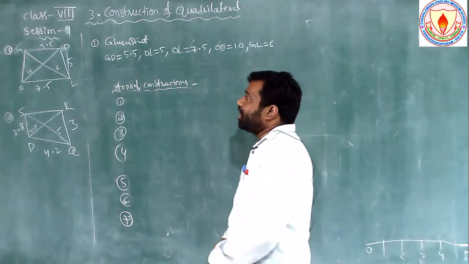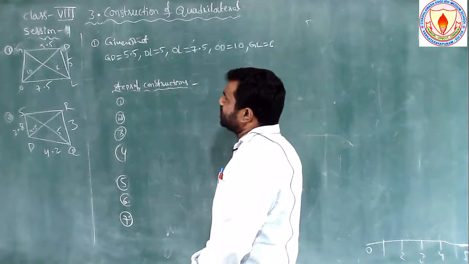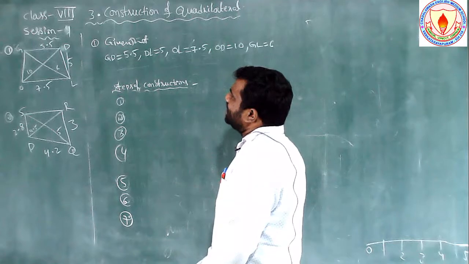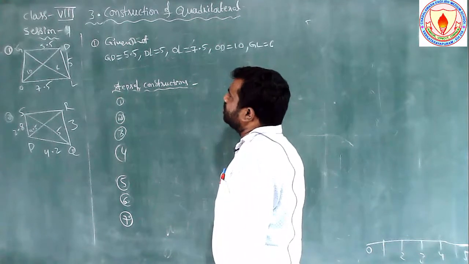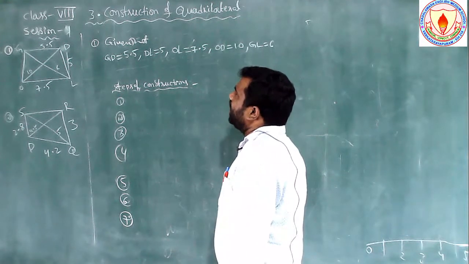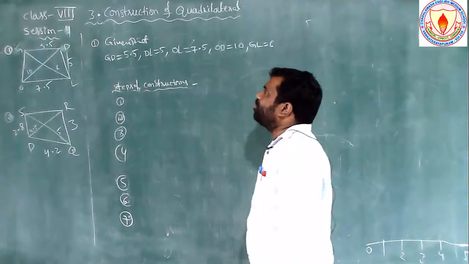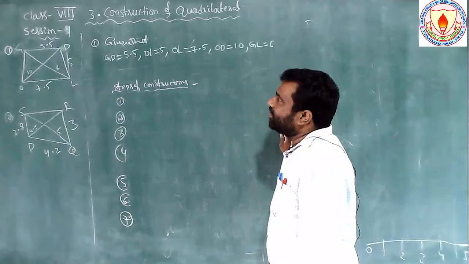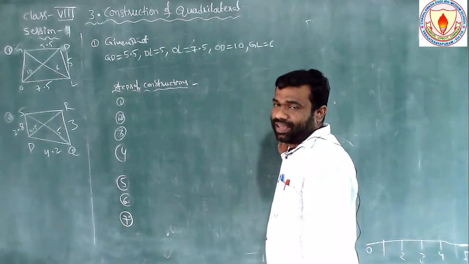See, there is one problem. GD is equal to 5.5 and DL is equal to 5 centimeters and OL is equal to 7.5 centimeters and OD, two diagonals are given and three sides are given.